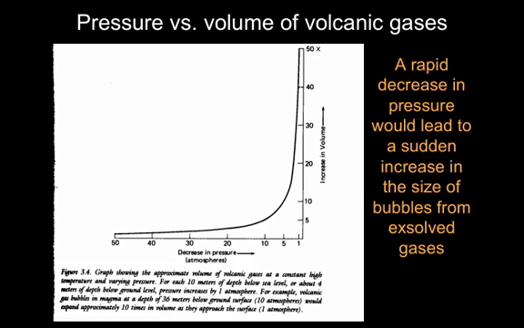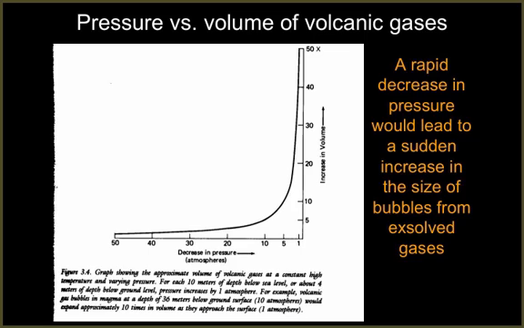Then if we look at the effect of pressure on dissolved gases, we see this plot has pressure on the x-axis, so higher pressure on the left to lower pressures on the right. So you can consider this deeper magmas versus shallow magmas.